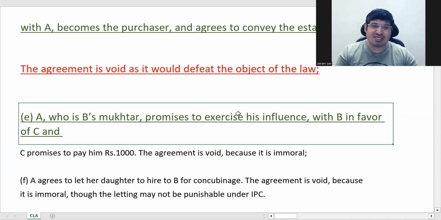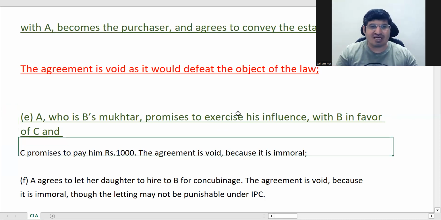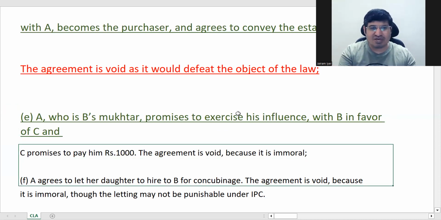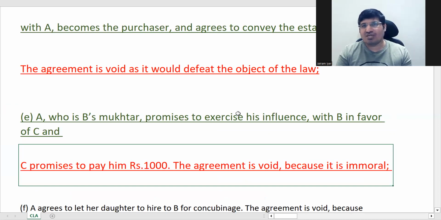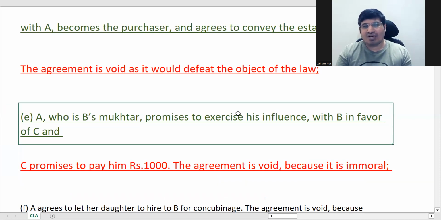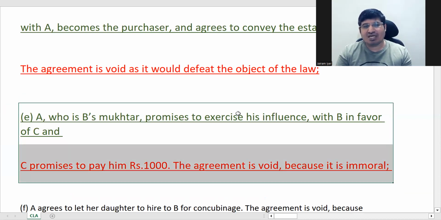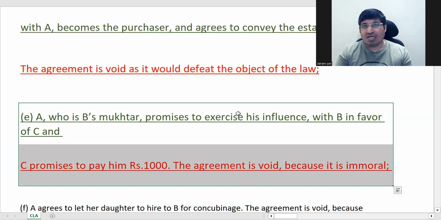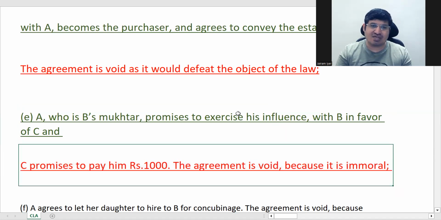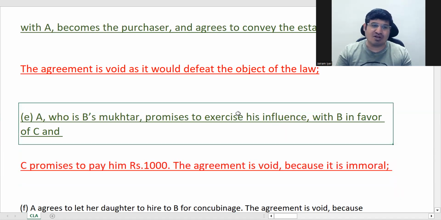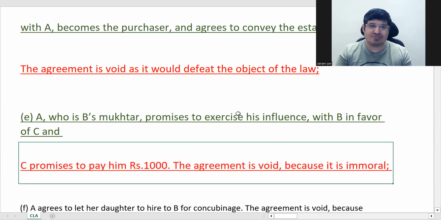So the Sarpanch is exercising his influence on a villager because some other person has given him some money. You use your influence and do it for me, and he is promising to pay him 1,000. It is void because it is immoral, correct? Your powers are there for legal use. You cannot misuse them. So the agreement is void because it is immoral. Fine.